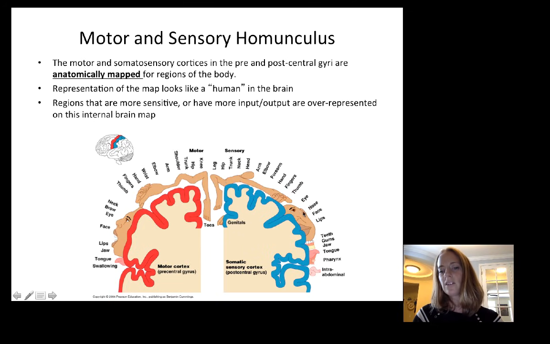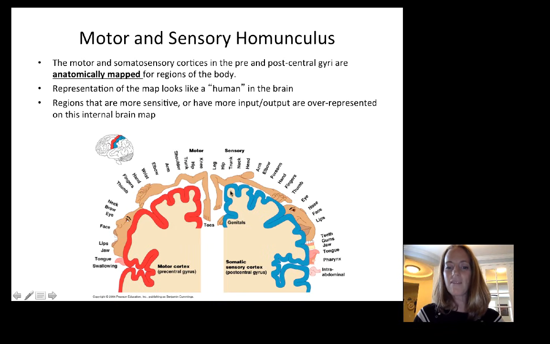The outer regions are going to go more towards face, nose, lips. The middle region will be hand, fingers, etc. And this looks like a tiny little human when you map it all out because it's mapping out the whole body, and that's why it's called a homunculus, or a tiny human.